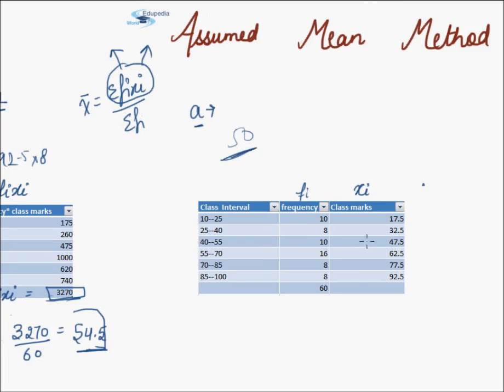Moreover, if we select the assumed mean as one of the values from this column of class marks, then we can further reduce the calculations.